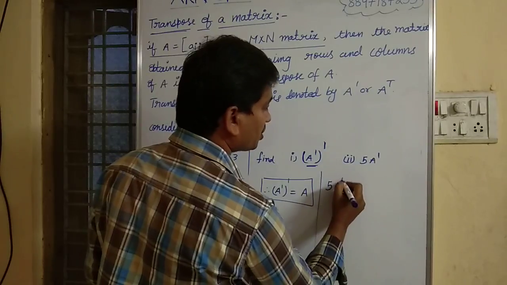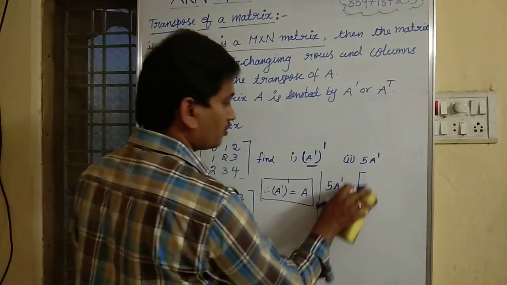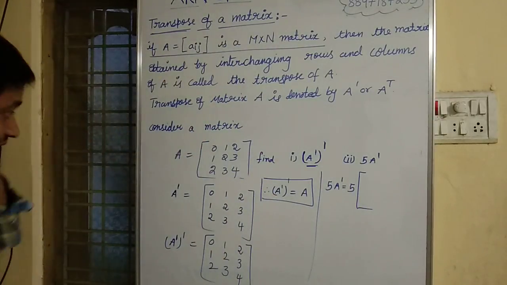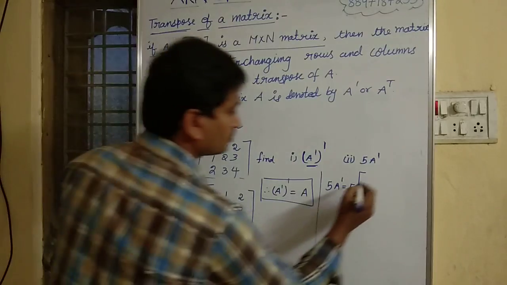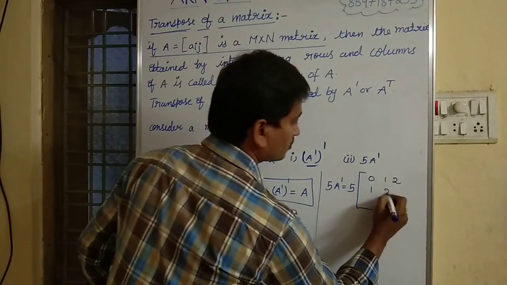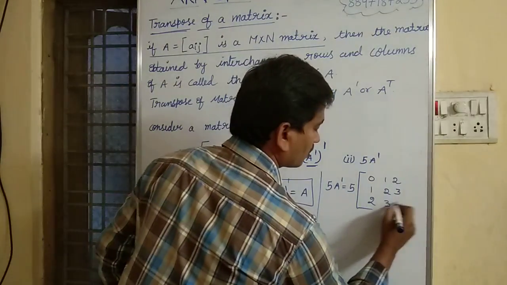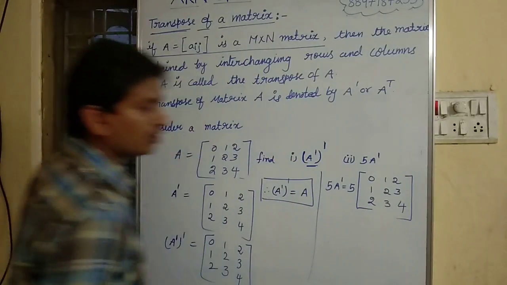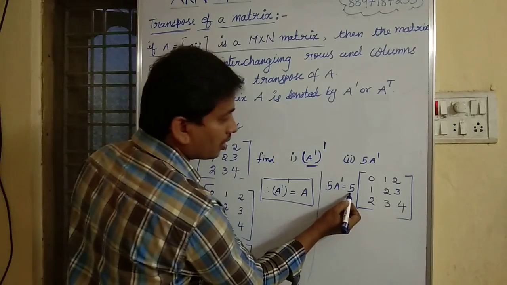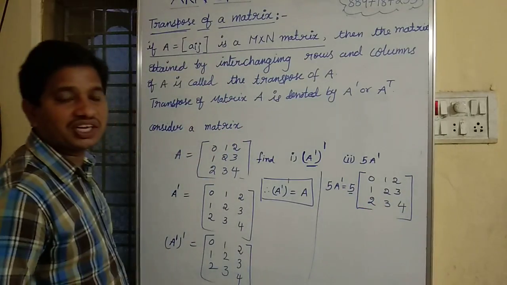So the second question is what? 5 into A dash, children. So 5 multiplied by A dash. What is A dash, children? As we got, A dash is 0, 1, 2, 1, 2, 3, 2, 3, 4. 5 A dash means 5 into A dash. So this 5 will be multiplied to each and every element of matrix A dash.